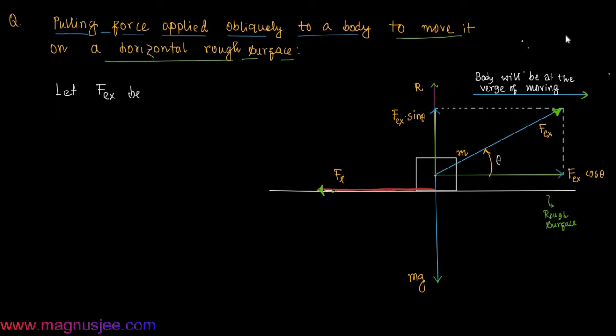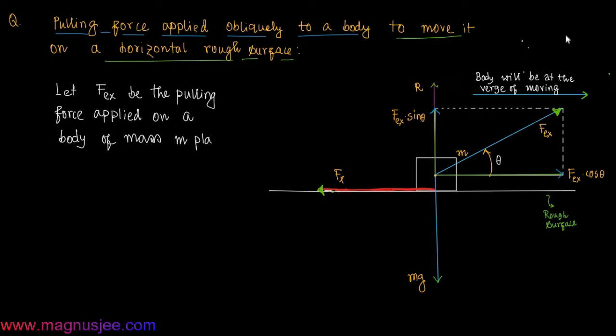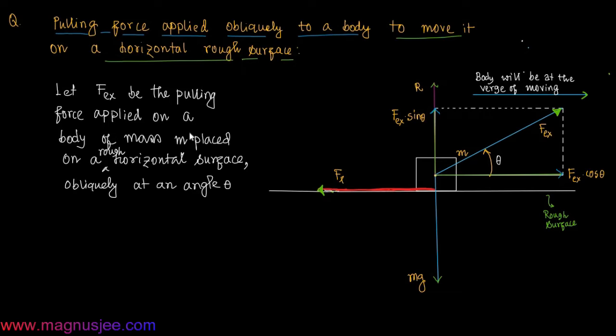Let Fex be the pulling force applied on a body of mass M which is placed on a horizontal rough surface, obliquely at an angle theta with the horizontal.